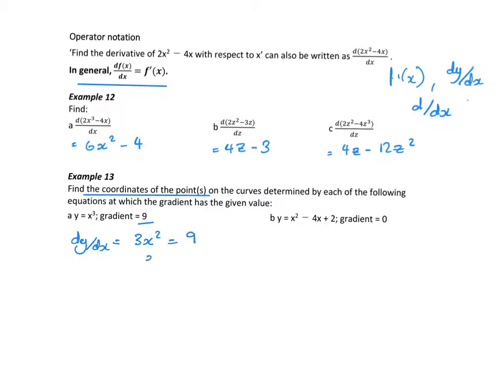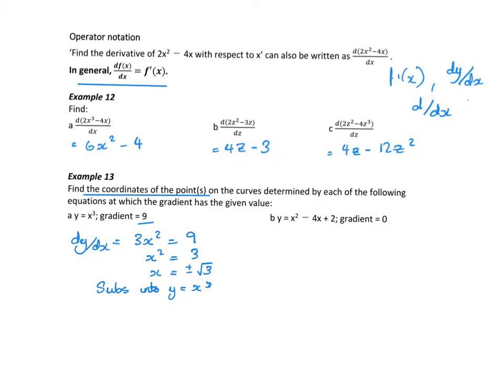And so just solving that, x squared equals 3 and x is equal to plus or minus the square root of 3. Now remember, we're looking for a coordinate. A coordinate is an x value and a y value. So we've got the x values, substitute into the equation, which is y equal to x cubed.